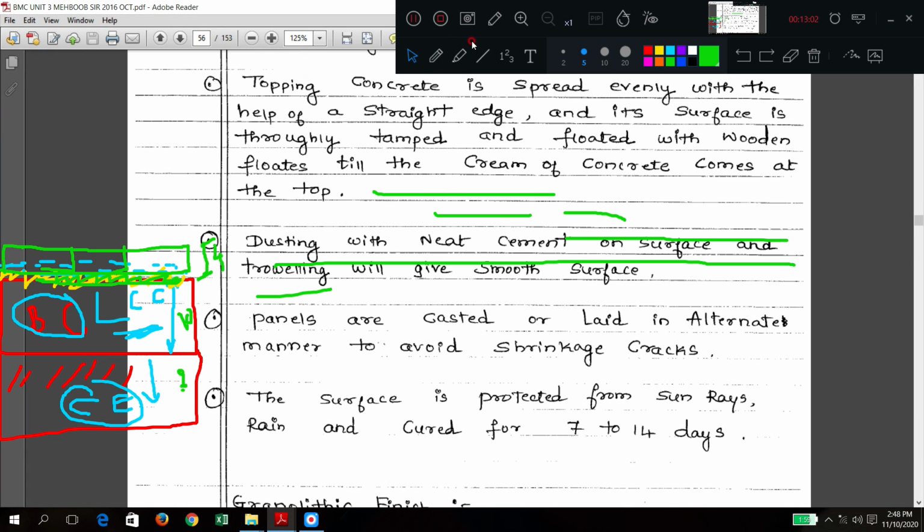At the later stage, the troweling operation: a small trowel is there like this. You use that to make it a level surface, and they are constructed in panels. Means a big room is there.